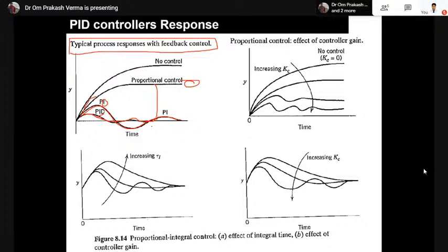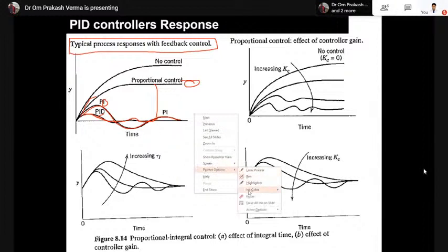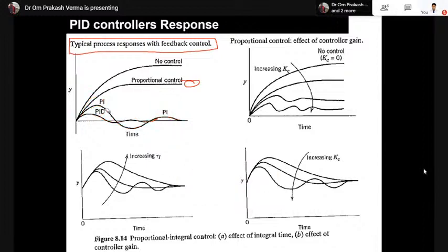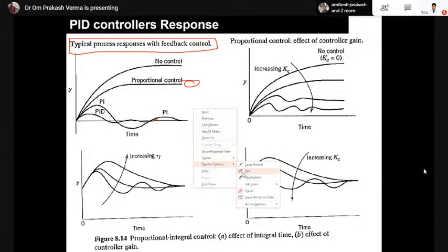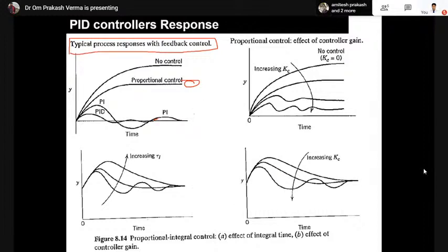Okay, one is missing, I think. One is missed. Okay, no problem. So this is the response for the PI controller. Here we do not have the PD controller, right? No problem. So the PI controller improves the steady state.